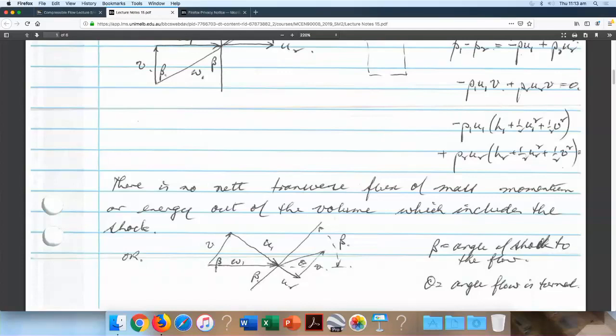Then the resultant velocity field is w1, but it's at an oblique angle to this shock wave, and coming out of it is the normal velocity u2 plus the transverse velocity v. And so the flow, which started in this direction, got turned to this direction because u2 is less than u1.